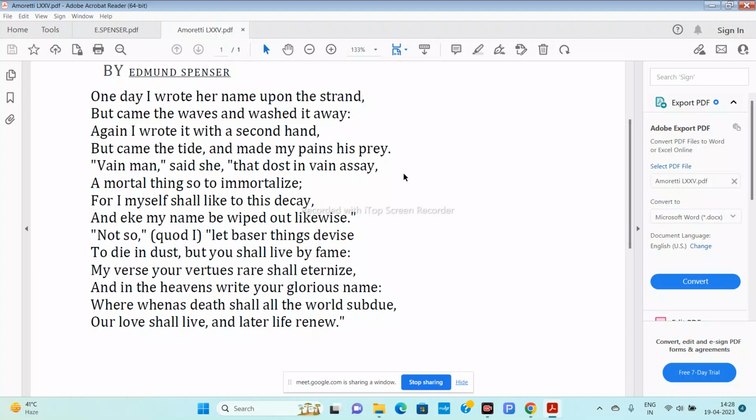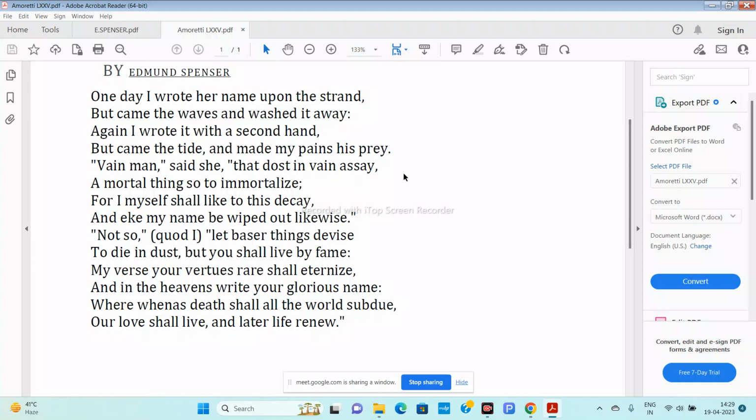"Where, whenas death shall all the world subdue, our love shall live and later life renew." So, in the last two lines, the last couplet, you see that he acknowledges the fact that they are all mortal human beings, and a time will come in the future when both he himself and his beloved would be no longer in this world.